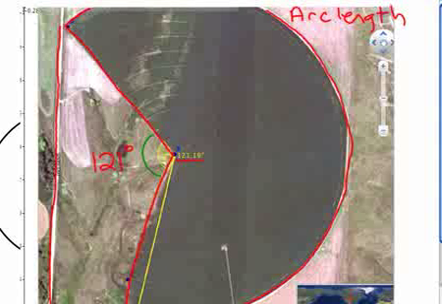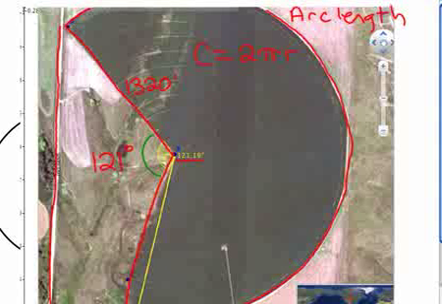So the formula for arc length is, well, first off, if it was an entire circle, the circumference of a circle is 2 pi r. The radius of this particular field is 1,320 feet.